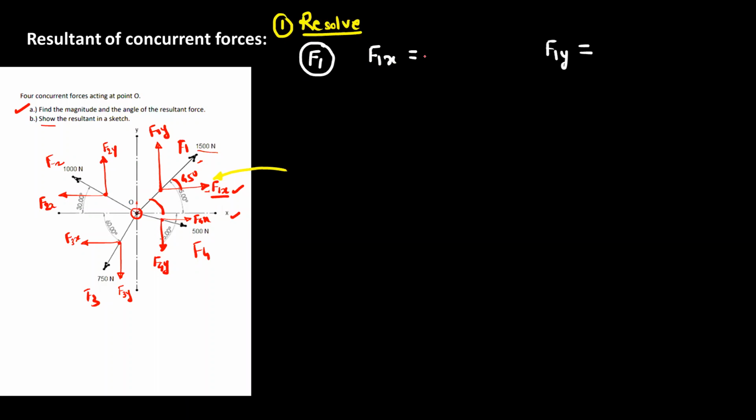So F1X is equal to net force 1500 and angle is 45, so this is 1500 cos 45. F1Y is opposite to angle 45. So net force, which is F1, 1500 sine 45. Okay. Both are positive. Next is F2.